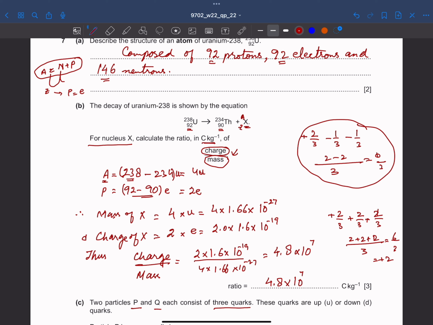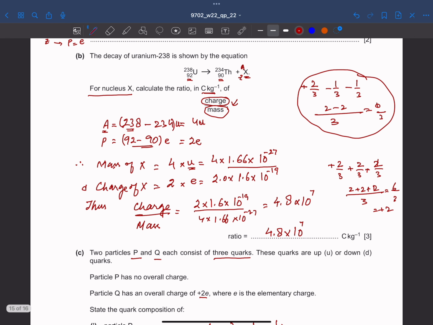So when you calculate this value, 4 into u, u is given in the data sheet over here. So this is 1.66 into 10 to the power minus 27, and 4, of course, you will multiply here. Charge of proton and electron is the same. It is nothing but 1.6 into 10 to the power minus 19.